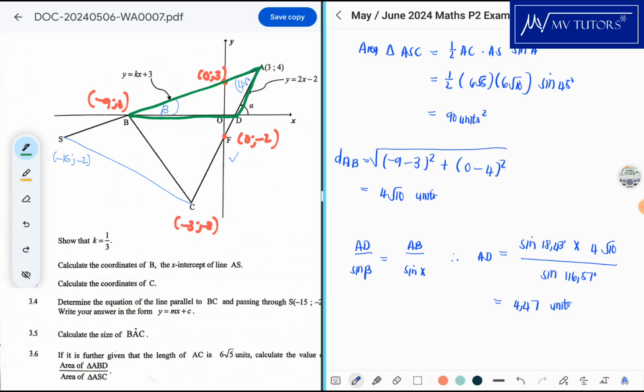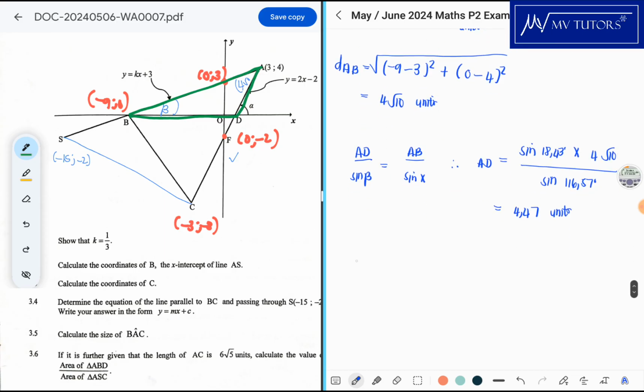Now we can get the area. Oh my goodness, how many marks is this? This is too much labor. So the area of triangle ABD is a half AB times AD times sine A. Okay, let's plug in the values.